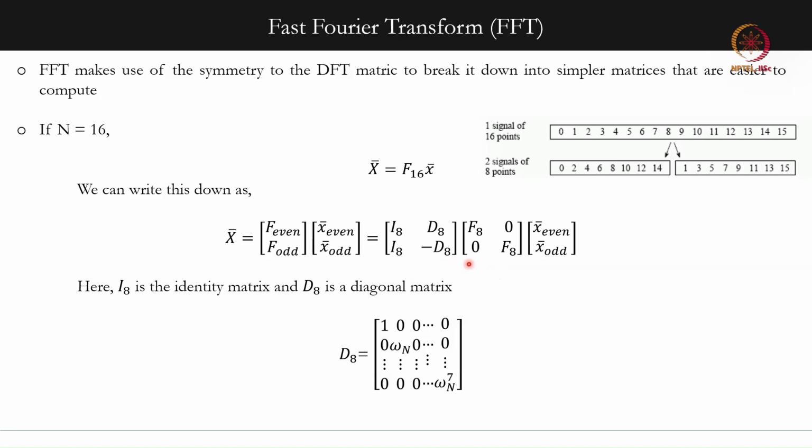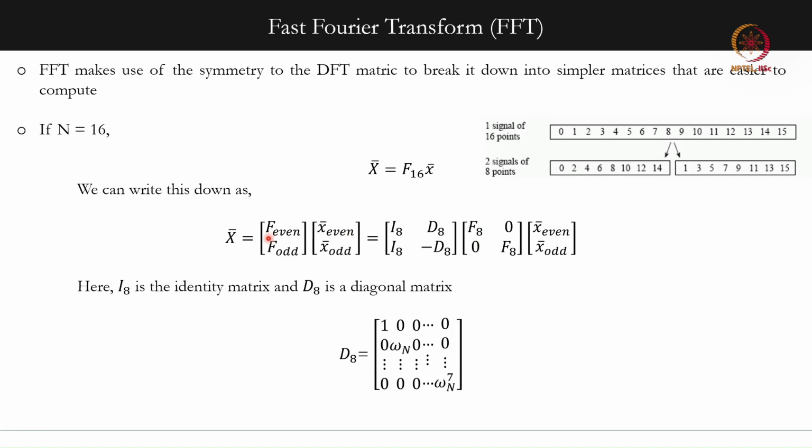And these matrices contain terms such as I8, D8, F8. I8 is basically an identity matrix of the order of 8 cross 8. D8 is a diagonal matrix of the order of 8 cross 8, and I have shown the diagonal matrix here. And this diagonal matrix only contains terms such as 1 and omega n. And F8 is a DFT matrix, but this time of the order of 8 cross 8.